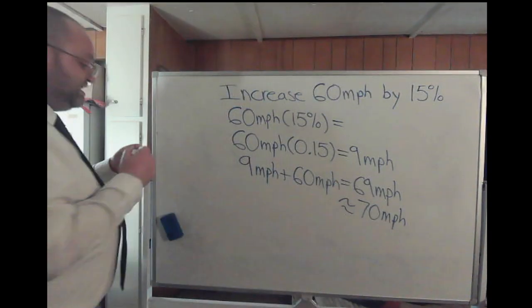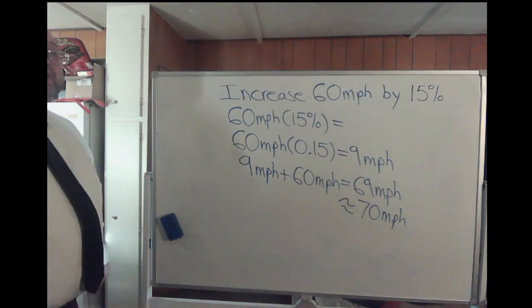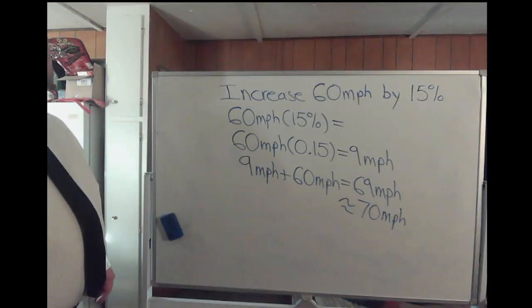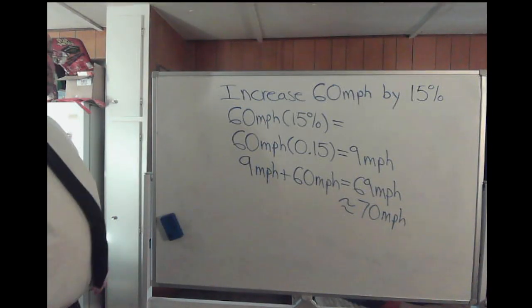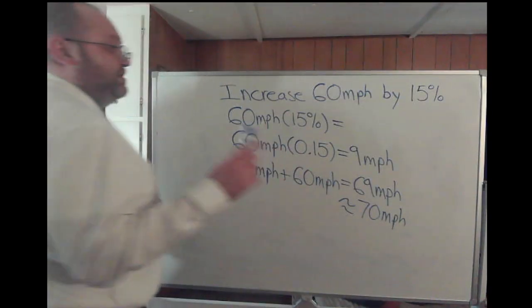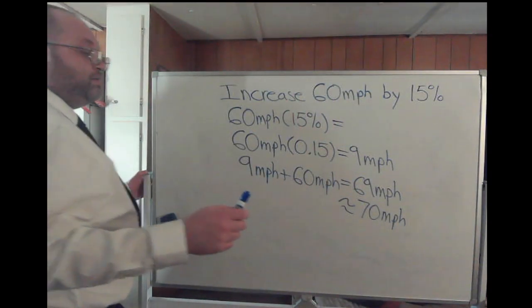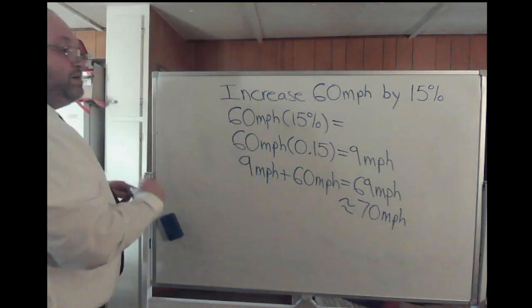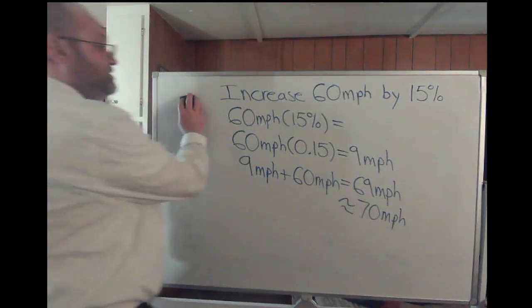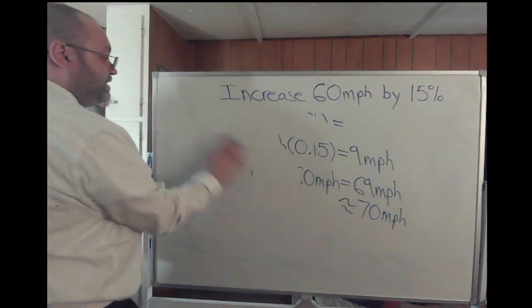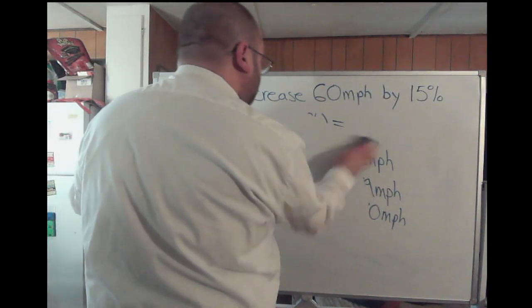Because you'll never see a speed limit sign posted for 69 miles per hour. It goes in increments of 5s and 10s. So if the speed limit on the highway increased by 15% from 60 miles per hour, it would go up to 70 miles per hour. So that's something good to know.